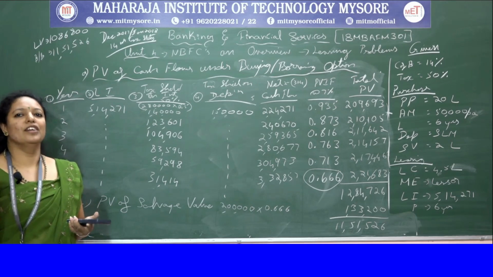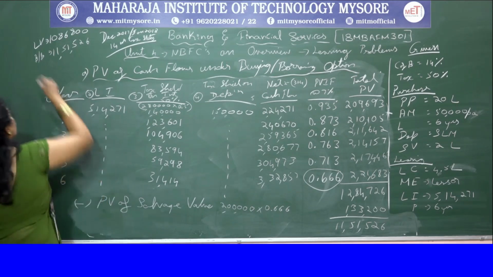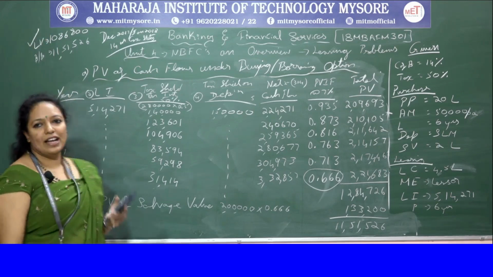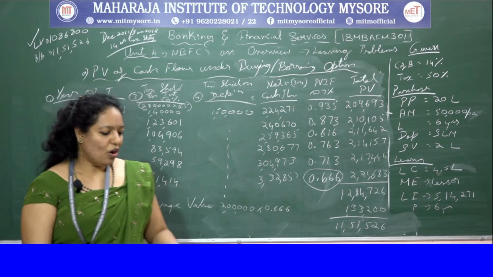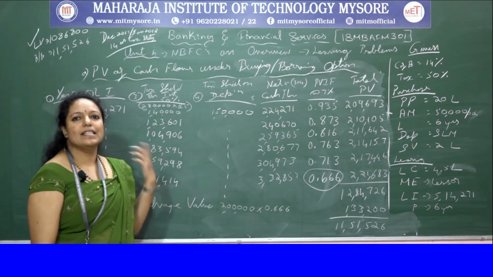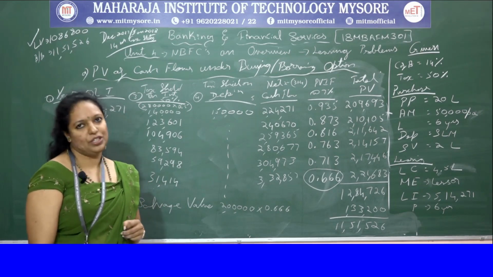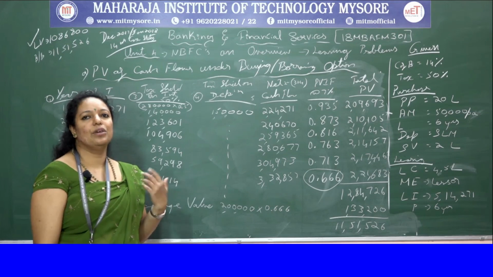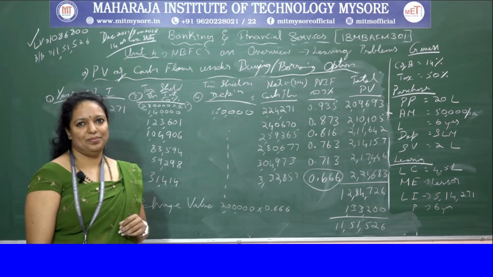Hence, the company should go for the leasing option. So write down the conclusion. The present value of cash flows of the leasing option is lower than the present value of cash flows of the buying option. Hence, the company is advised to go for the leasing option.